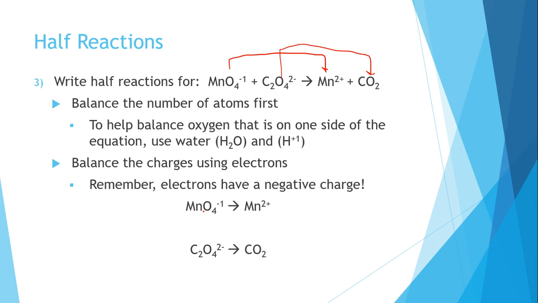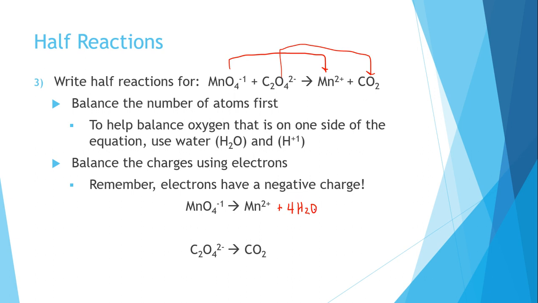Here I have oxygen, but there's no oxygen on the right-hand side, and this causes an issue. The way we solve this issue is because oftentimes these occur in an aqueous solution, so we're going to use water and hydrogen ions to help us balance this. I have 4 oxygen on the left, so to get 4 oxygen on the right, I'm going to add 4 H2Os.